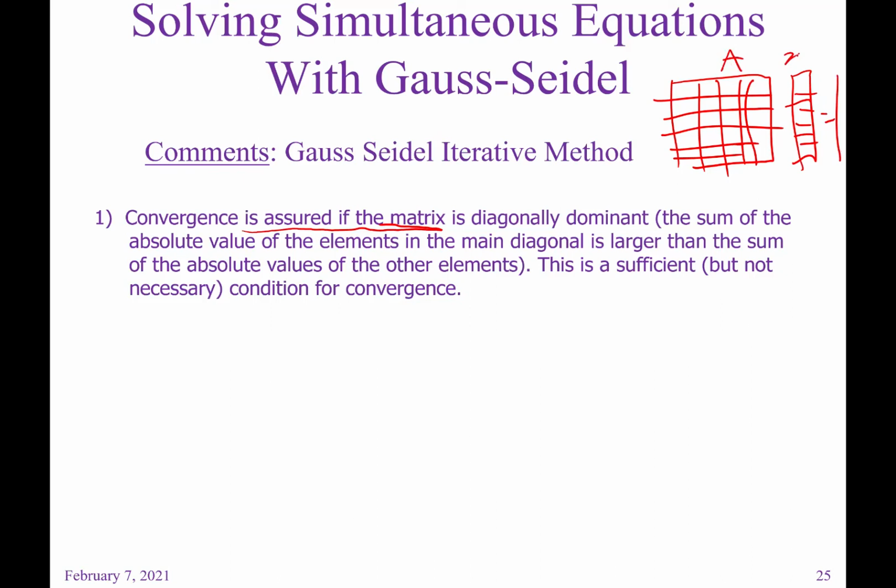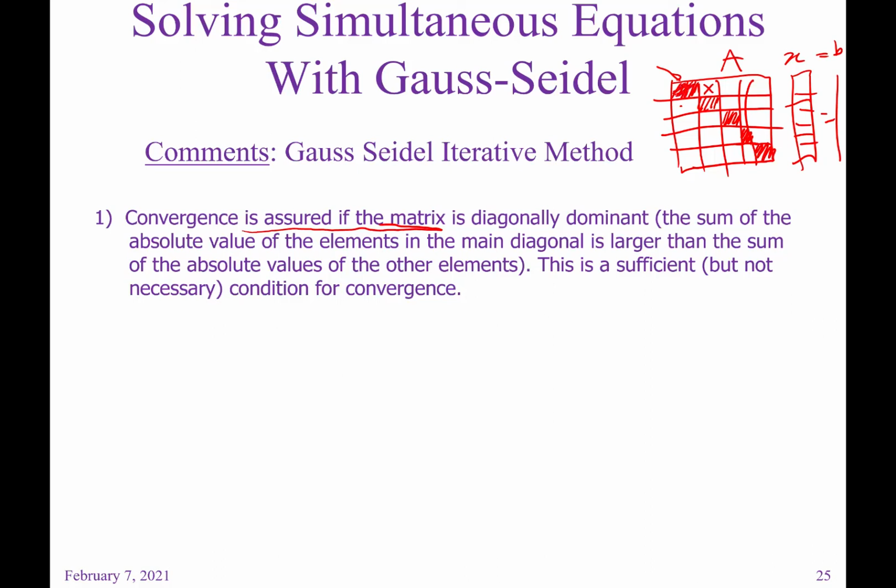So this is AX equals B, right? If this matrix is diagonally dominant, and I explained that before, it means the absolute value of what you have on the diagonal is greater than the sum of the off-diagonal terms.